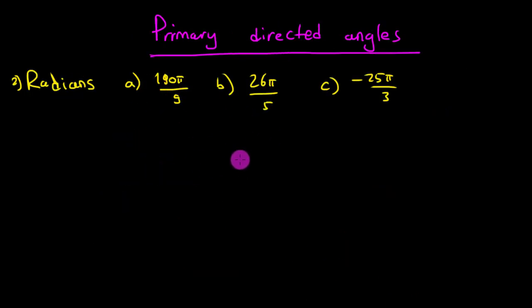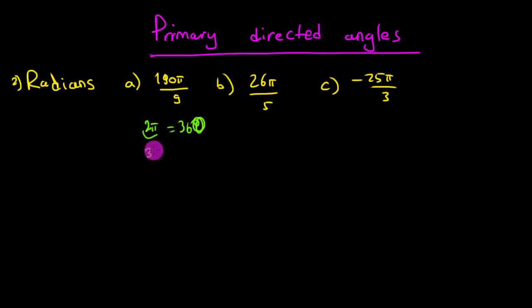Okay, let's move to the radians. Radians are a bit more difficult for finding the primary angle because of 2 pi. So 2 pi is 360. Remember that the coefficient of pi should always be even.